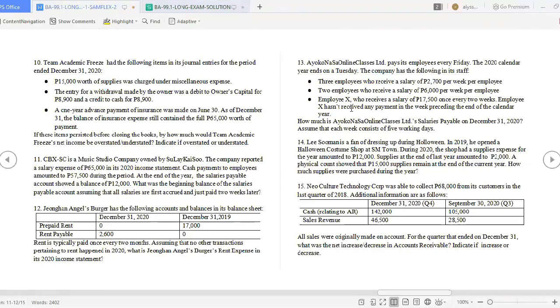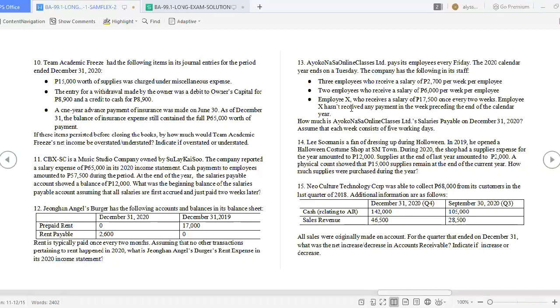Next, number 13. Ayoko na sa online classes pays its employees every Friday. So the calendar 2020 ends on a Tuesday. So we have 3 different types of employees. For the first bullet point, 3 employees received a salary of 2,700 per week per employee.